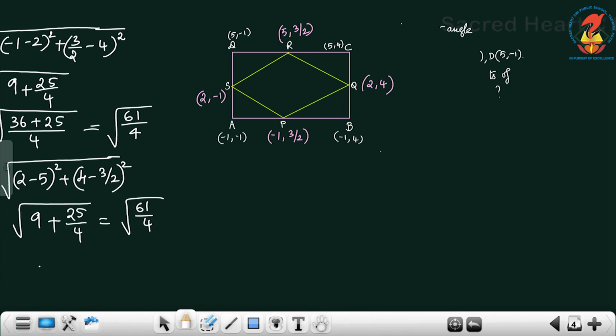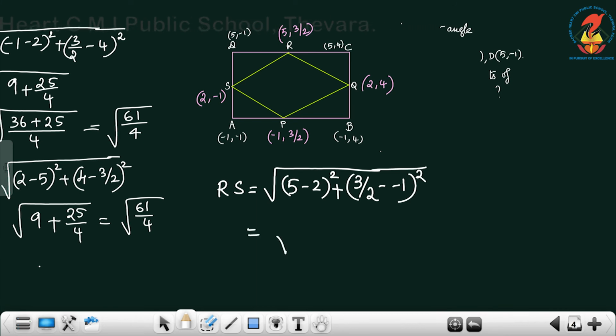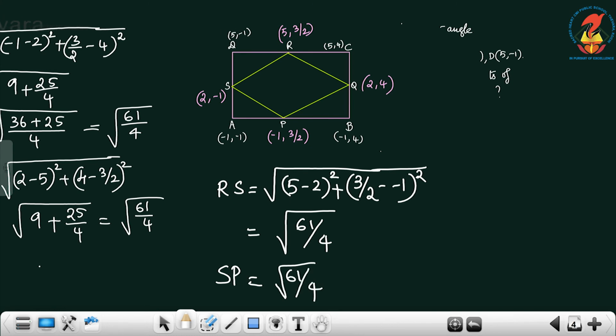What is the next side? RS. RS is equal to 5 minus 2 the whole square plus 3 by 2 minus 1 the whole square. Again, after simplification, I will get root 61 by 4. SP also, after simplification, I will get root 61 by 4.